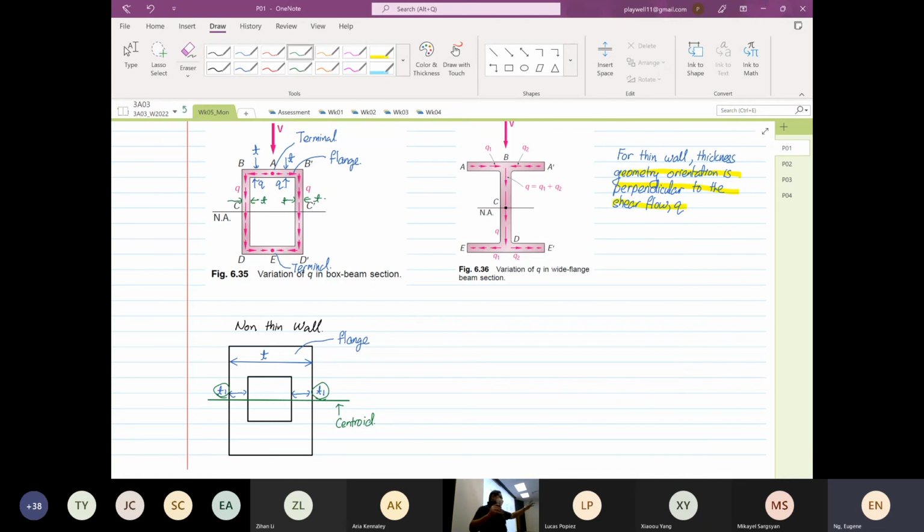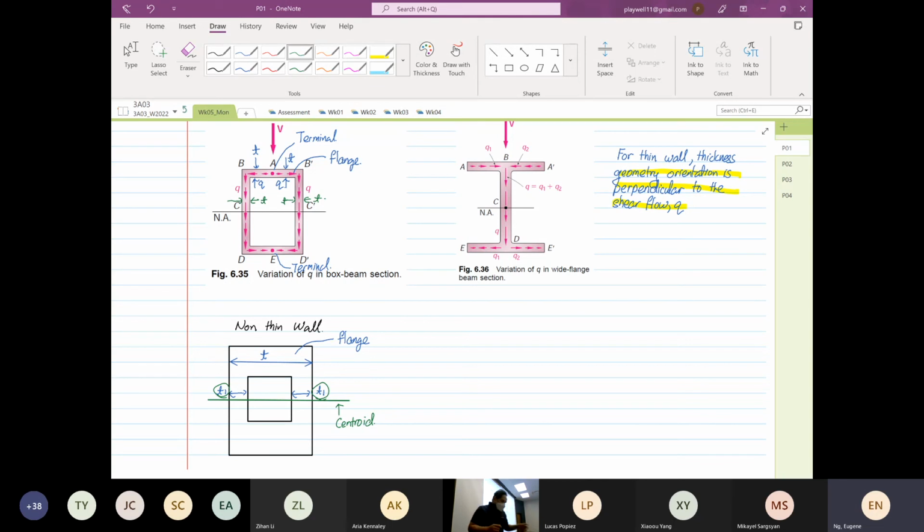Later on, I'll give you a structure that will screw you up. What do I mean? I will include box beam, wide flange, thin wall, thick wall, all into one structure. You should be able to identify when to use what. Don't worry, I'll make sure you get that.